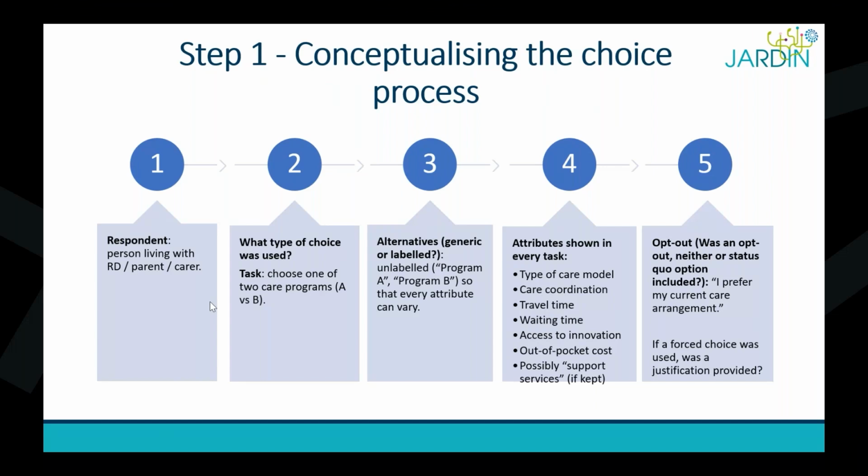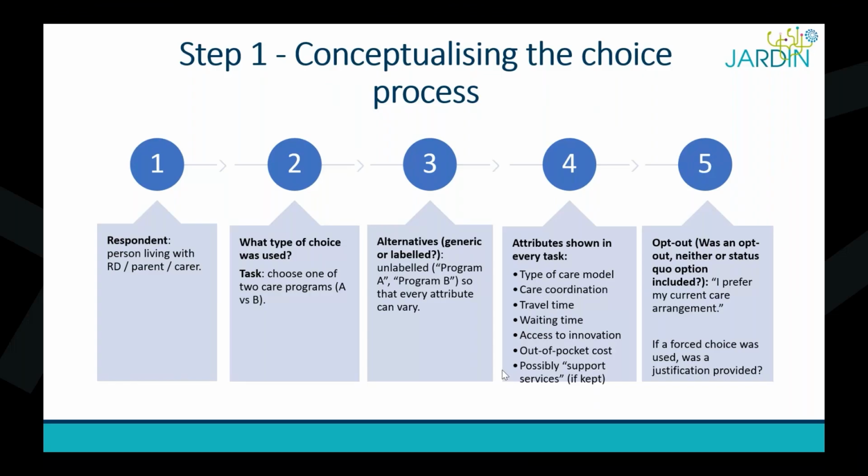Is it a binary choice, choose between program A versus B, or is it a multiple choice kind of question? What do the alternatives look like? We have what is called labeled and unlabeled alternatives. So by unlabeled, it means that we have, for instance, the programs in terms of, let's say, program A versus program B. And this is unlabeled because whether you call it program A, B, or 1, 2, or option 1, 2, it doesn't really matter.